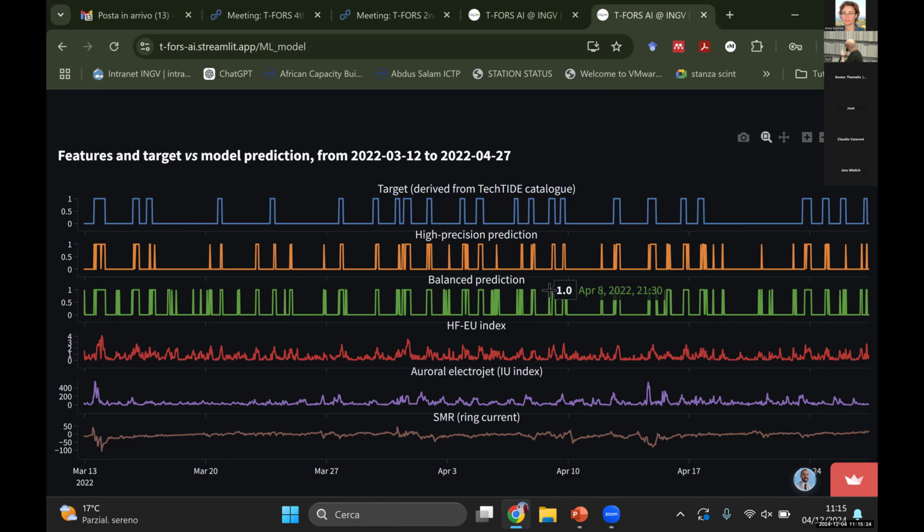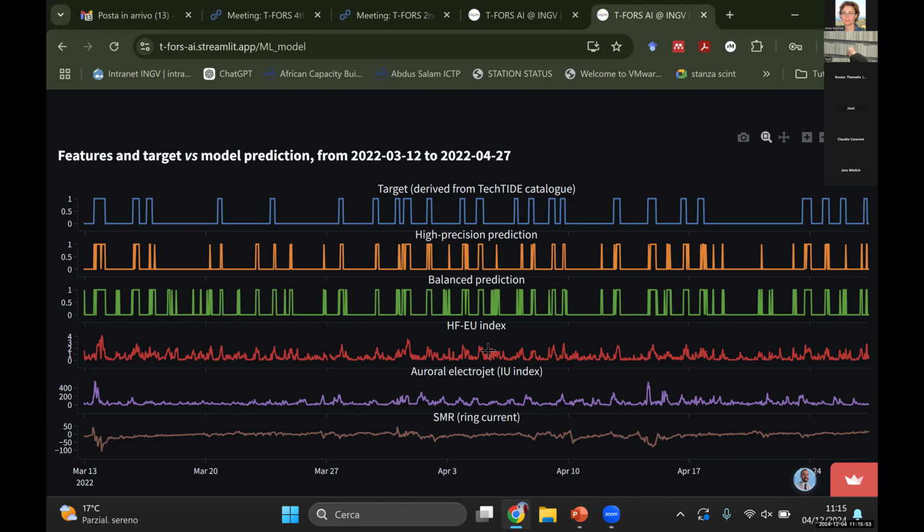Here you can see it's always basically 0 or 1, that means no or yes in the next 3 hours. And you can see here, for example, the difference between the 2 operational modes. In the high precision, we are minimizing the false positive. So there are some events detected in the balanced option that are not in the high precision prediction.